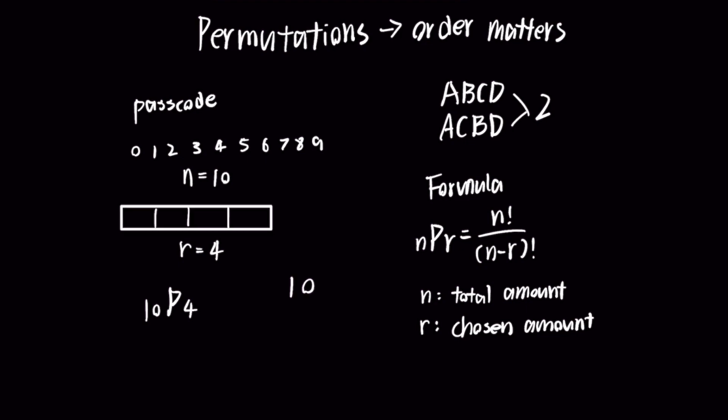But we can also rewrite 10P4 as 10 factorial over (10 minus 4) factorial. You can plug either one into your calculator, but it might be a little bit faster to plug in 10P4 instead. If you put this into your calculator, you would get 5,040. There are 5,040 possible 4-digit passcodes.